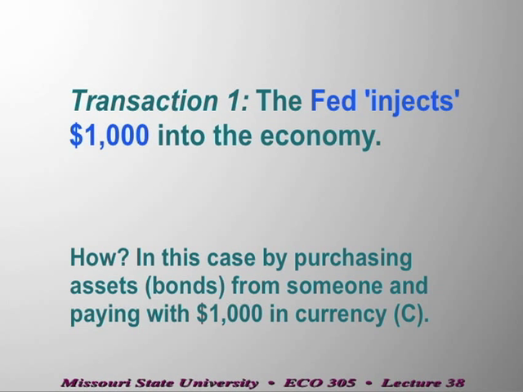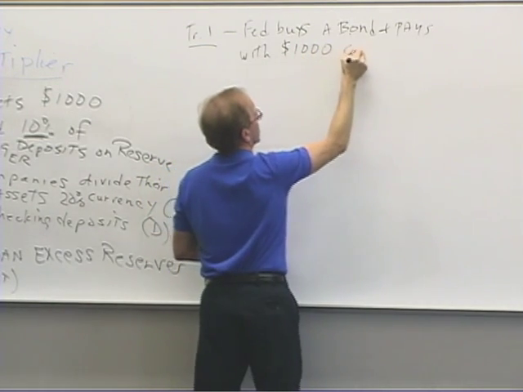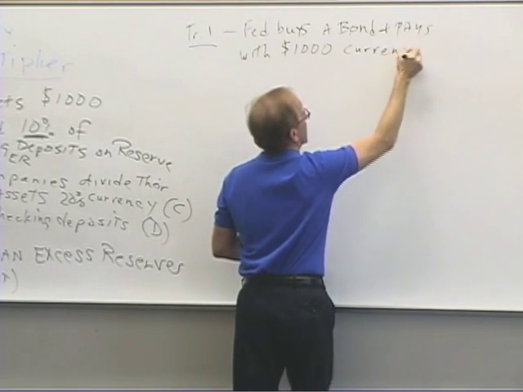That person gives a Treasury bond, and let's just say the Federal Reserve prints up $1,000 in cash and says, here you go. And so the Fed buys a bond and pays with $1,000 in currency, C.